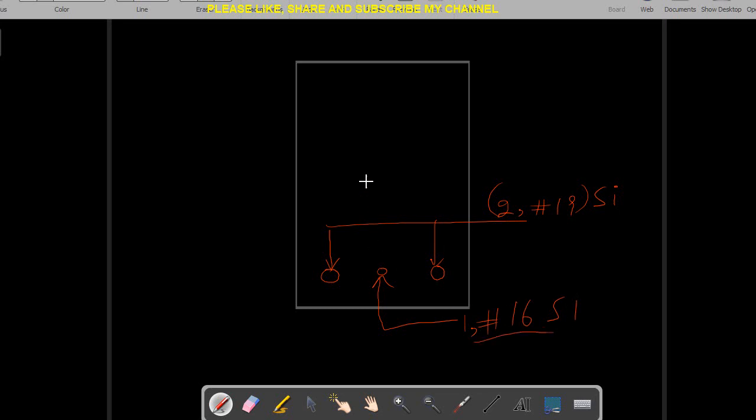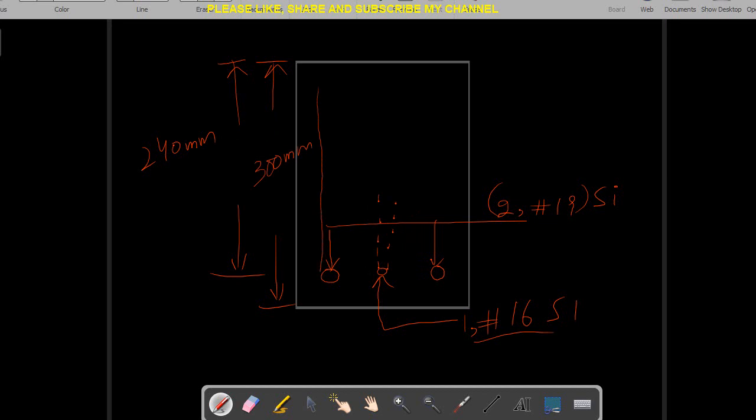This is my final section, right? This is the total depth of the section, and the effective depth of this section is 240 mm. The final depth of the section is 300 millimeter, and remember this bar should be bent up, so it will be showing like this, and we will use a stirrup.